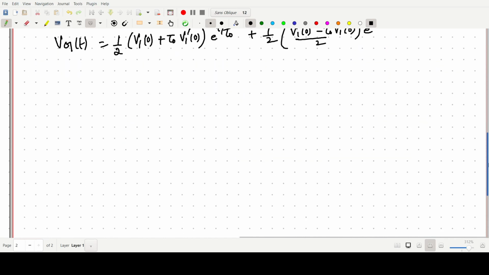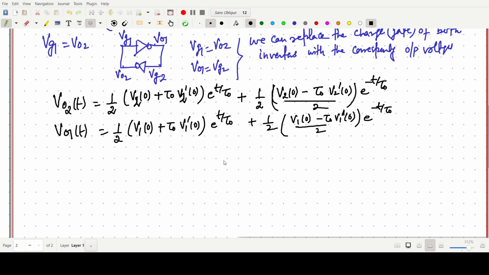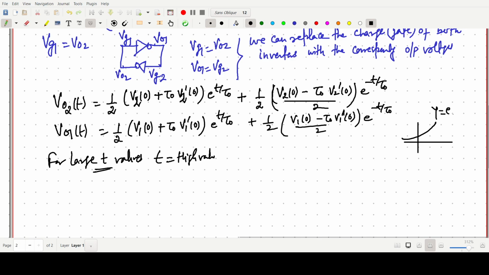Okay, so after that, if we assume a large t value, when the time is very large, a high value. As we know, y equals e to the power x.